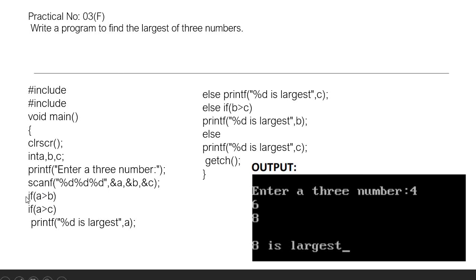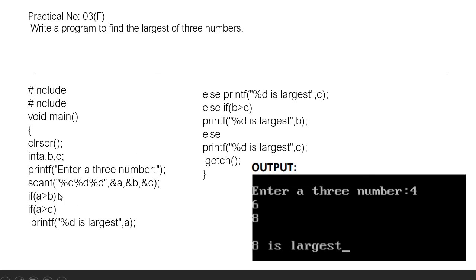But within your program, one if and one else must be there. Meaning if your condition is not satisfied, at least it will execute your else part. Okay, and else if you can mention multiple times according to your requirement. And finally my else statement, that is C is the largest.